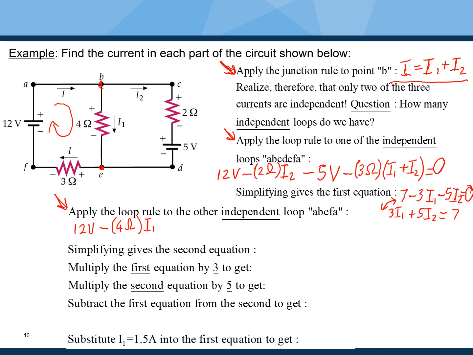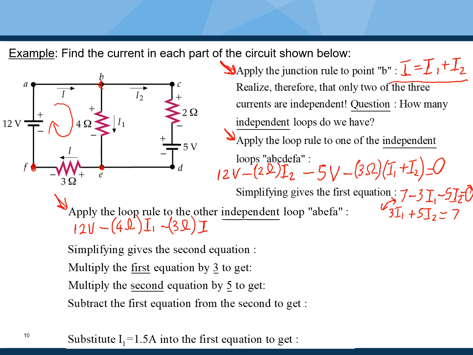And that brings us to the point E, and from point E, we're going to go back to the point F. From point E to the point F, we're going to traverse the 3 ohm resistor, and again, happily enough, we're going to traverse it in the direction of current flow, namely in the direction of the current I. So we have a voltage drop given by minus 3 ohms times I. And again, we see an opportunity for simplification.